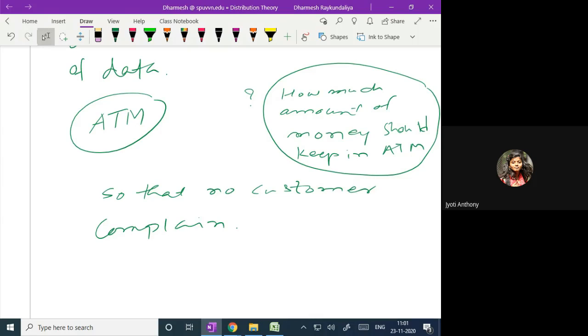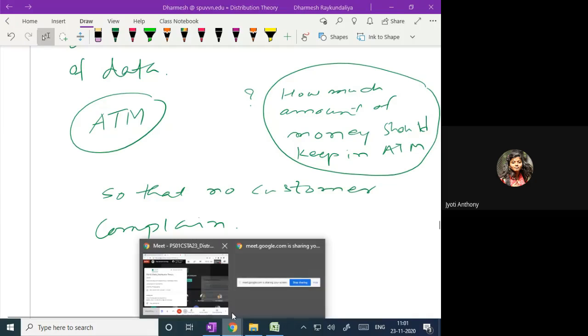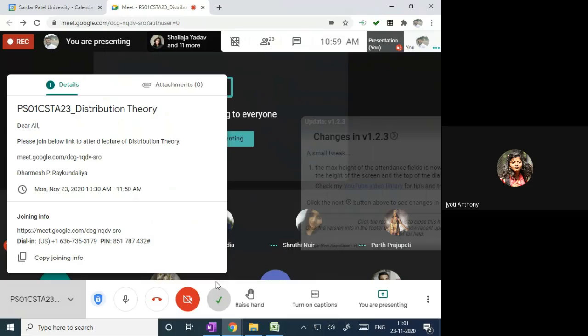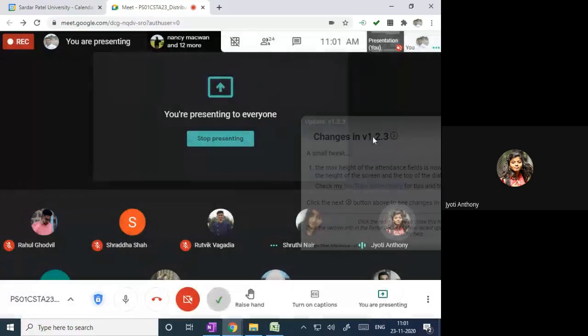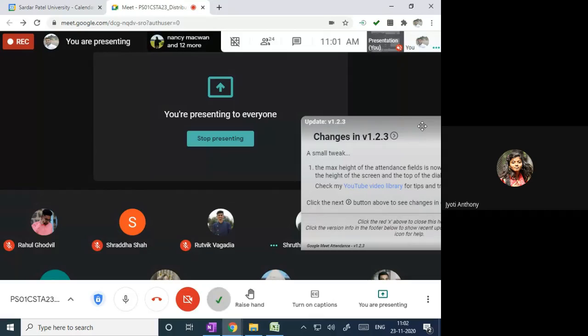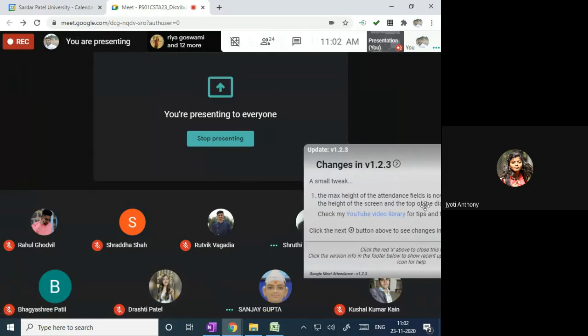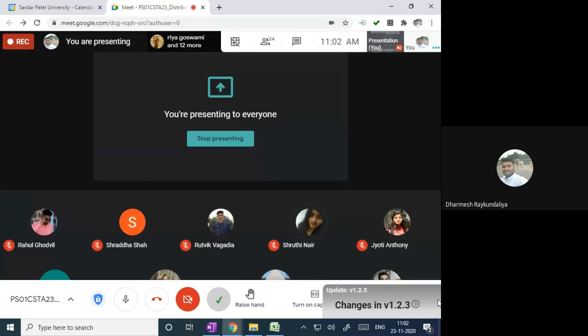We should calculate the frequency of customers visiting the ATM, so we can calculate how many customers are withdrawing. We can get the data regarding that first.